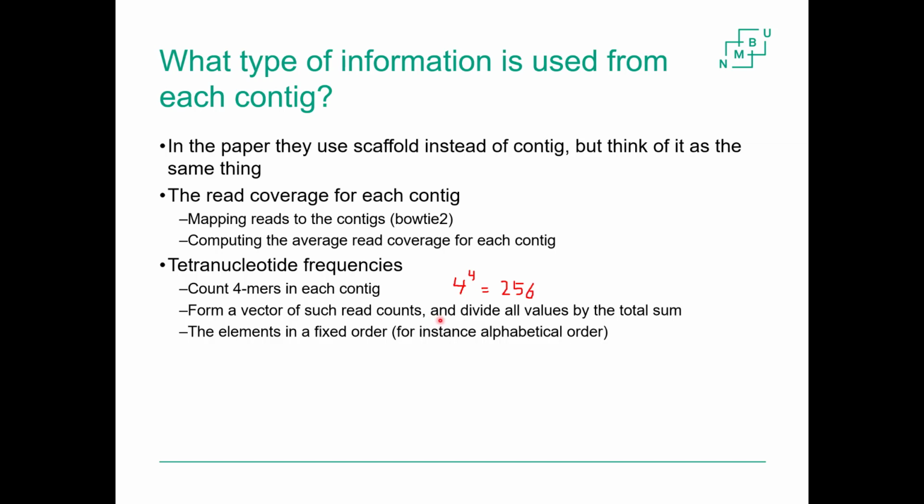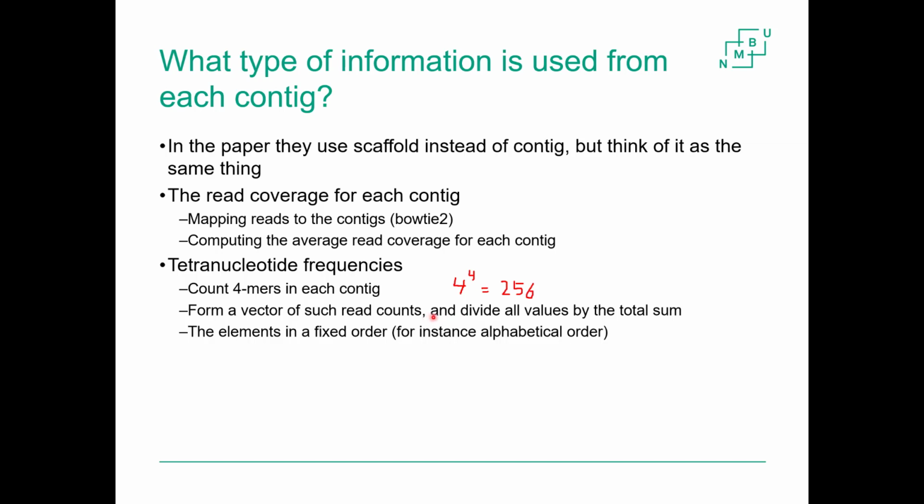I presume this is what they do because of some of the results they show, and also because if you don't do this, if you look at the actual read counts, then 2 contigs of different length will also be very different from each other, because there will be many more 4-mers in a long contig than in a short one.